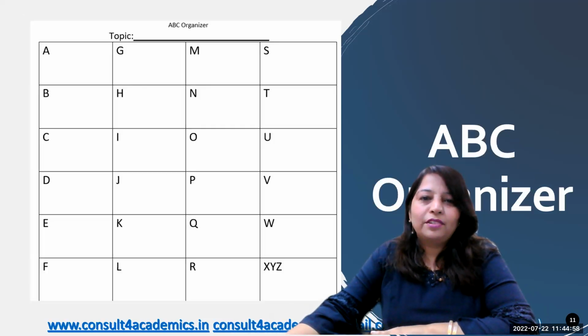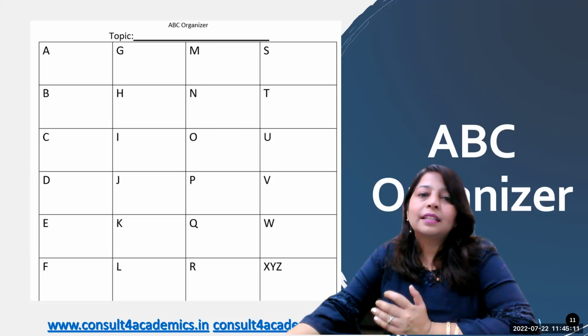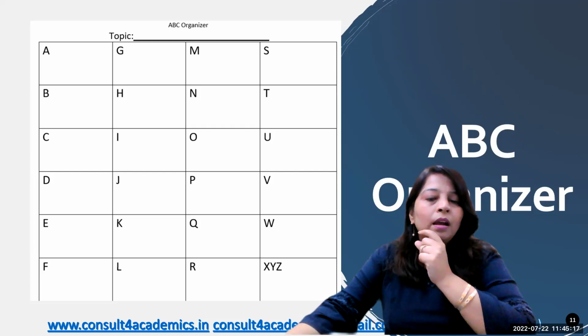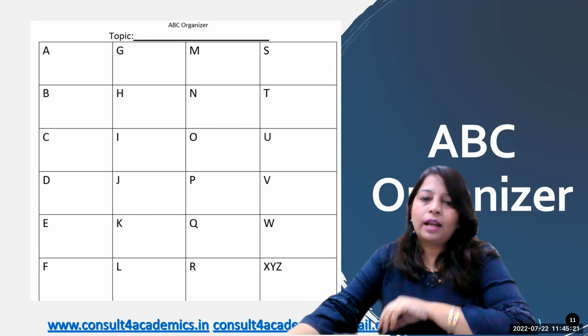This is the same 5Ws. And then the ABC organizer: you may ask your students to summarize, to organize the information gathered in the class through the lecture, through the interaction, by watching a video, by reading a text, in the form of an ABC organizer. They'll be able to write either sentences or maybe just phrases or maybe punch words or punch phrases, right?